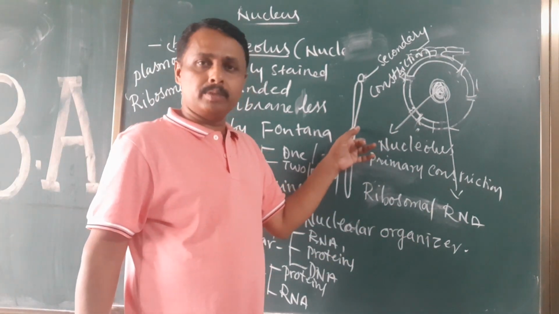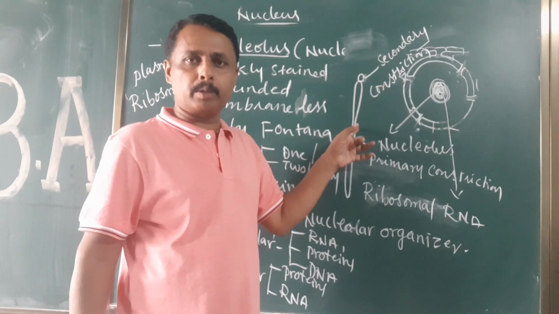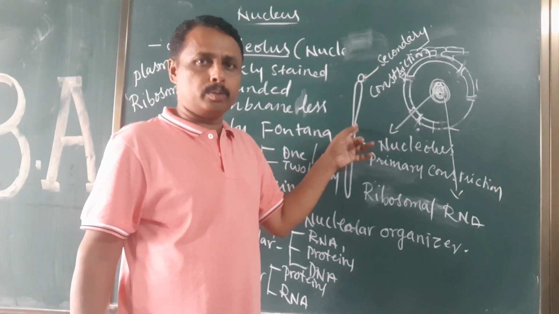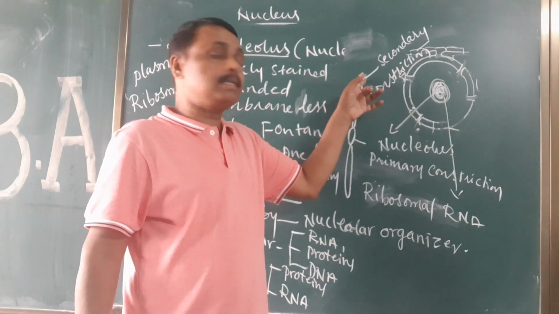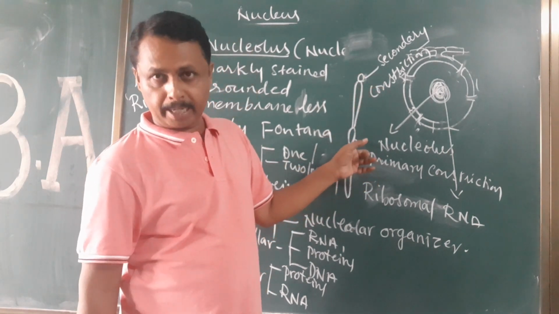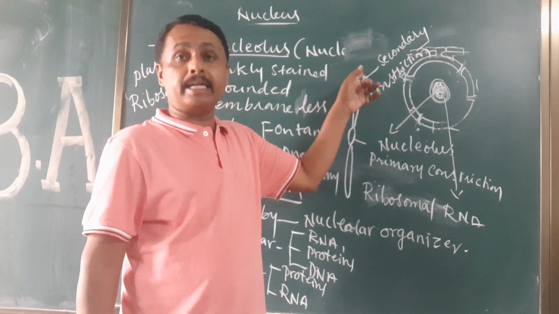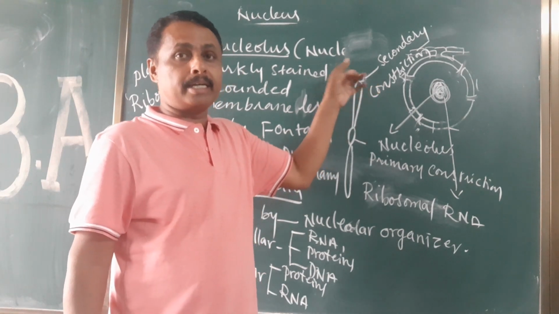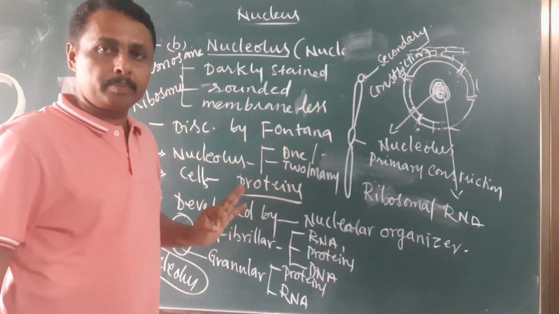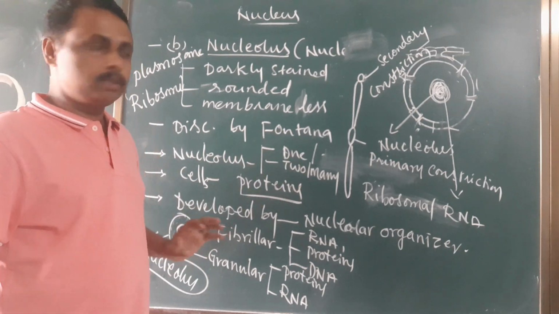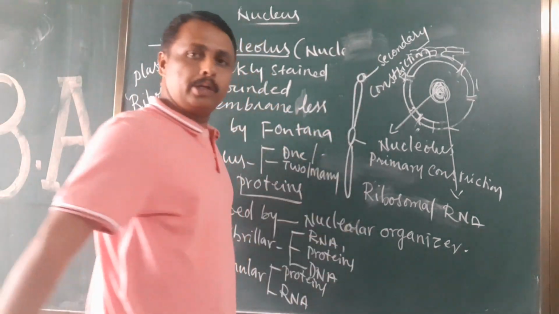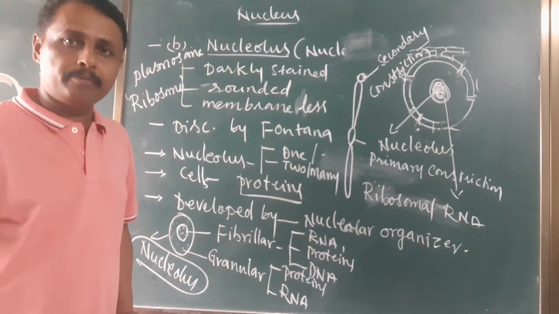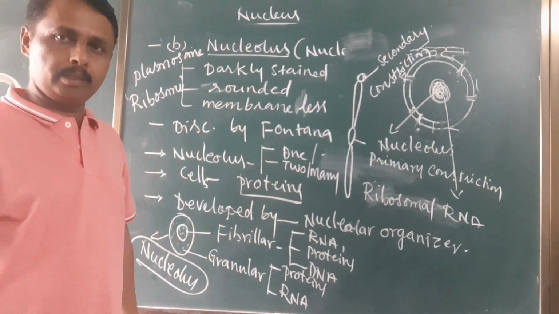In a chromosome, the condensed form of chromatin material, some chromosomes have a secondary constriction along with the primary constriction. This secondary constriction is the site for the formation of a nucleolus, so it is considered the nuclear organizer.